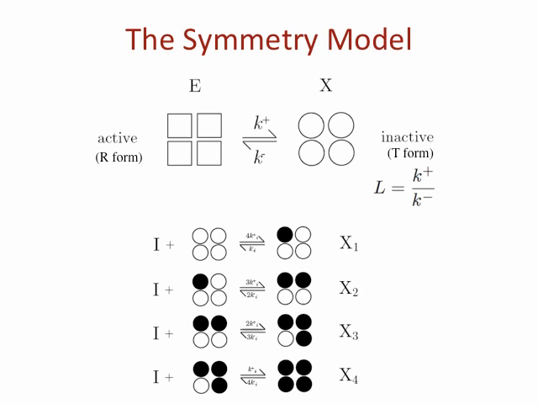The way an inhibitor works in this case is that it can bind to each one of the subunits, not in the active site, but in an alternative site, and it's called an allosteric site. And we have therefore four binding steps. First, an inhibitor will occupy one of the subunits to form an X1, then that X1 can bind to another inhibitor molecule to form an X2, and so forth, culminating in X4, where all the binding sites are occupied.